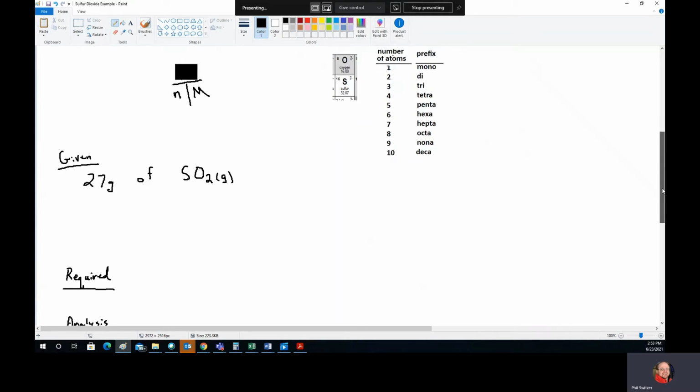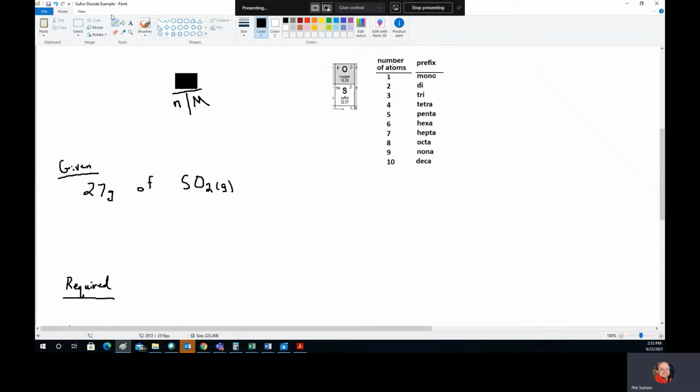What's required? What is this question looking for? Now let me read the question. A container holds 27 grams of sulfur dioxide. How many moles? Oh, number of moles. Find, and literally write this down and also say it. Find number of moles.